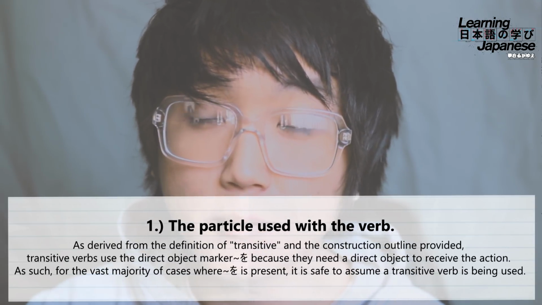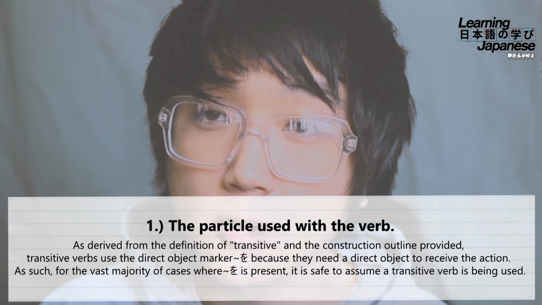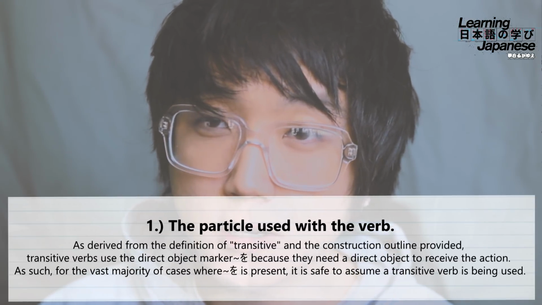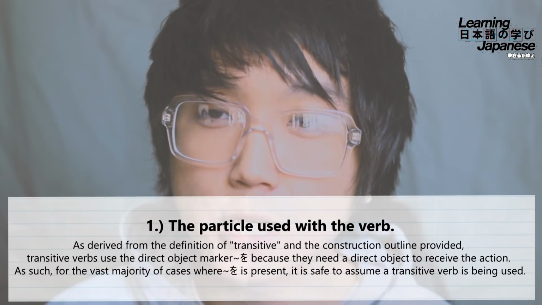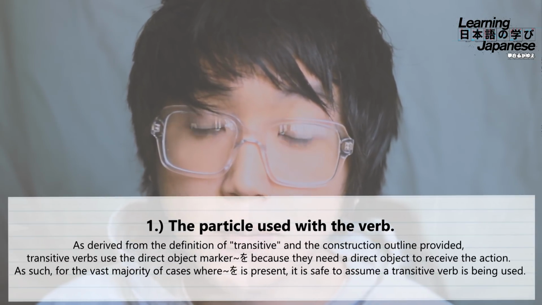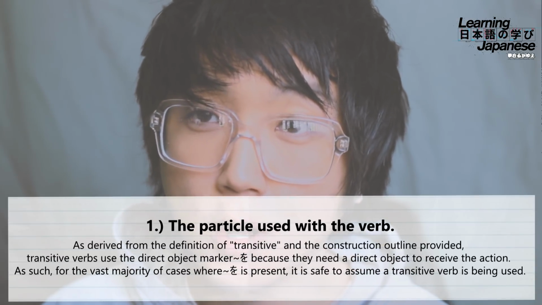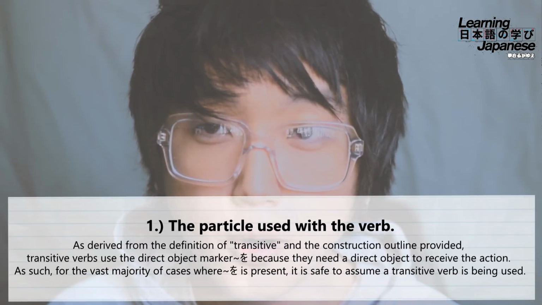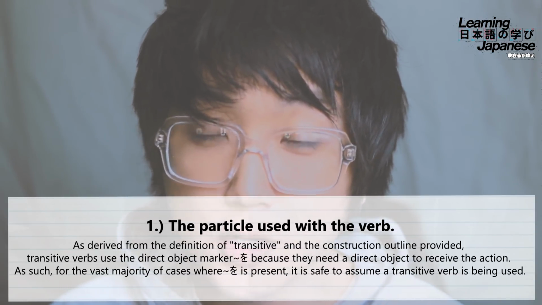So like I said at the beginning of the video, from the straight definition of transitive verbs and the basic construction for transitive and intransitive verb usage that I showed on the screen earlier, transitive verbs need a direct object, and if you're going to have a direct object, you're going to pretty much need the direct object marker O. So the first cheat code here, or thing to remember, is if you see the particle O, 99% of the time that's going to be a transitive verb.